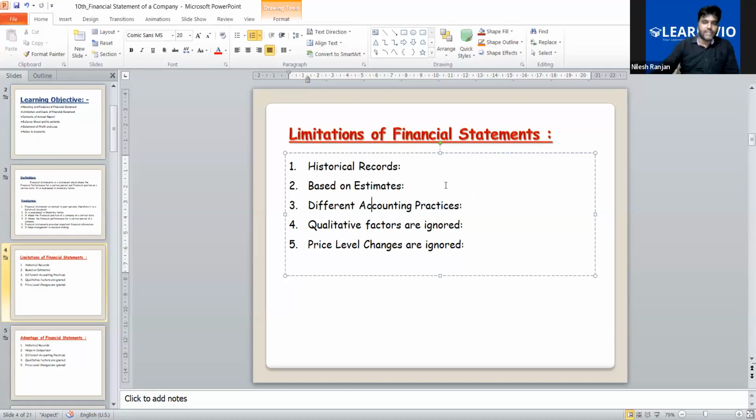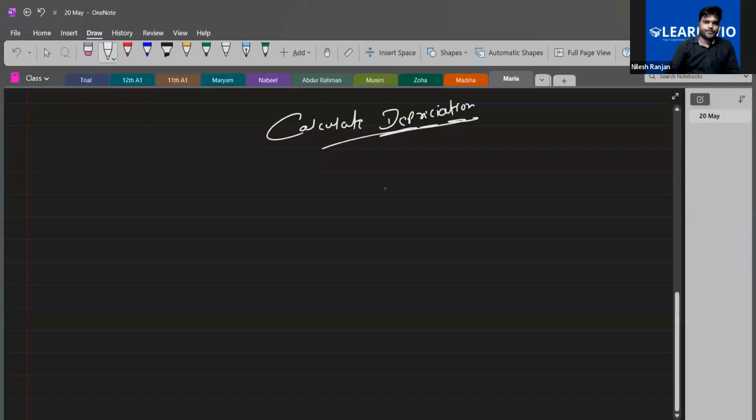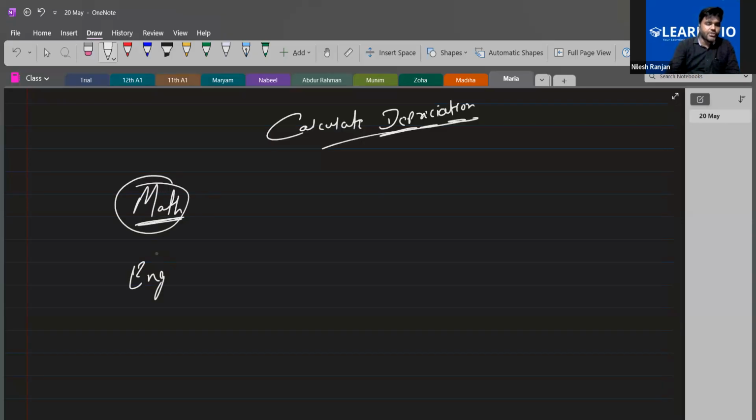Like, for example, I have explained this before also. If I take the mathematics marks of one student and the English marks of another student, can we compare these two?